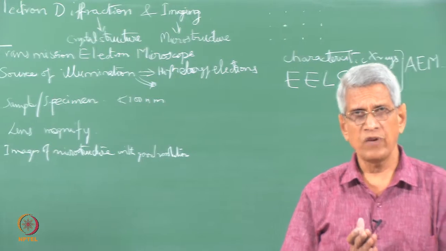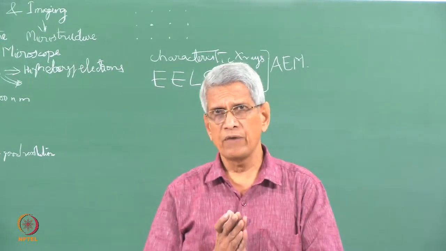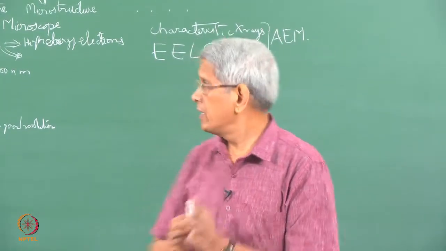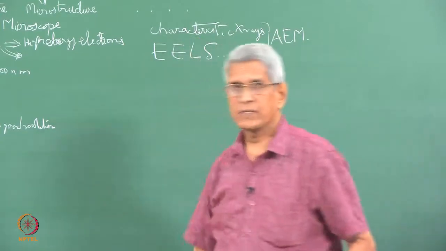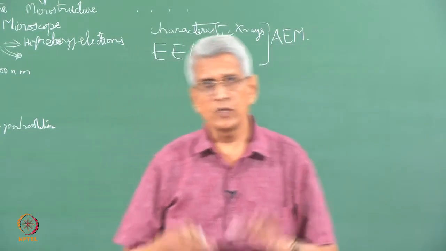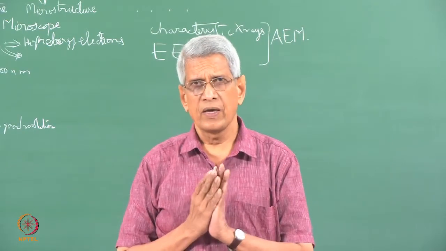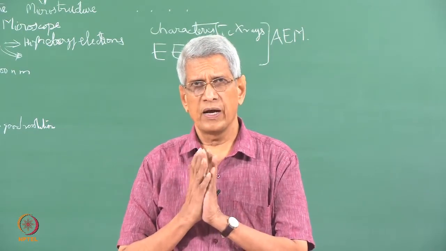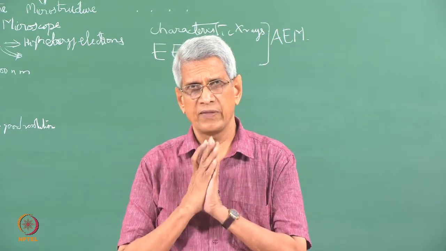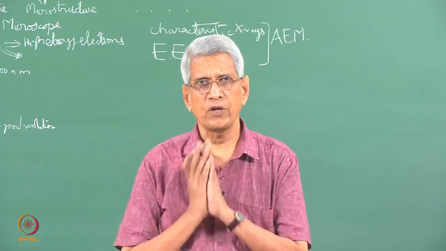Why do we have to magnify the sample? Because when this interaction takes place, we talk about the spatial resolution of these interactions, both the spatial as well as the depth resolution or the temporal resolution.